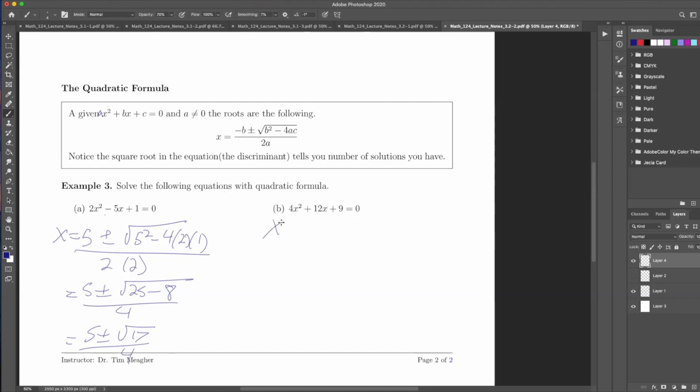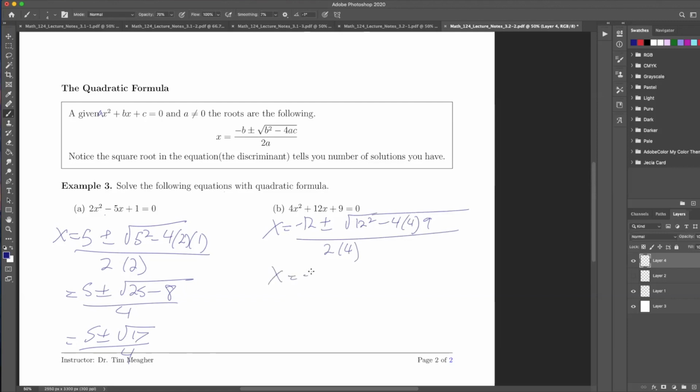And the same thing here. If I was going to plug this in, my b here is 12, so it'd be minus 12 plus or minus the square root of 12 squared minus 4 times a, which in this case is 4, times c, which in this case is 9, all over 2 times 4.